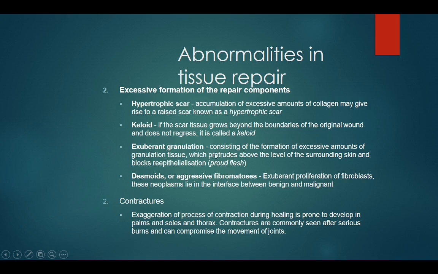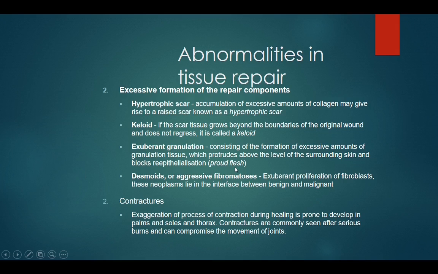And what is exuberant granuloma? It consists of the formation of an excessive amount of granulation tissue which protrudes from the level of the surrounding skin and blocks reepithelialization. In some conditions of tissue injury, a granuloma forms and never heals, and it is a very red, fleshy tissue.